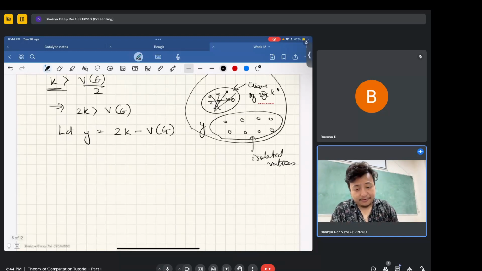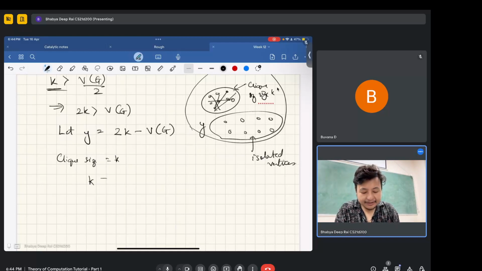So let's check how to do it. I want the clique size, which is k, to be equal to half of the new graph size, exactly V prime divided by 2.